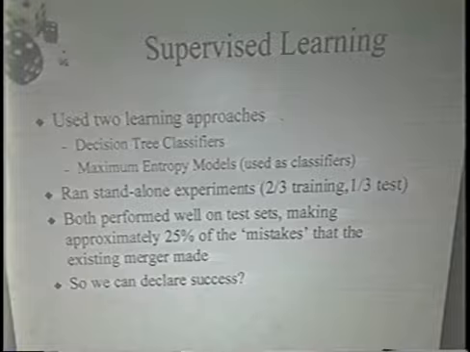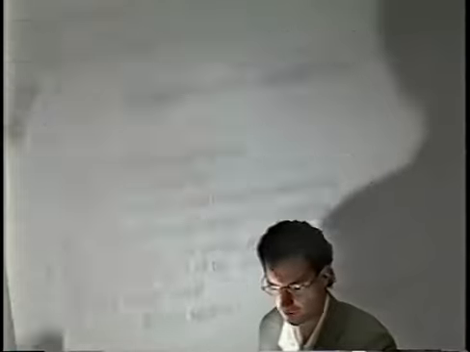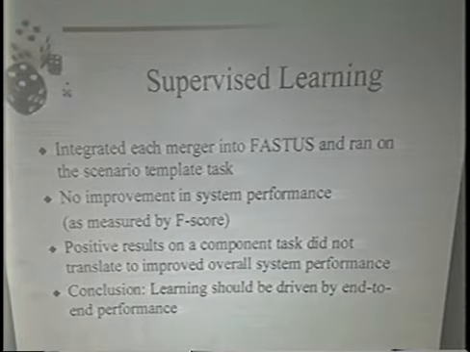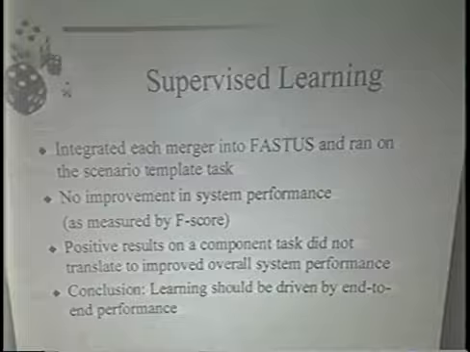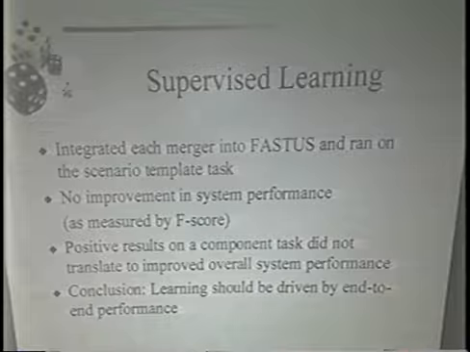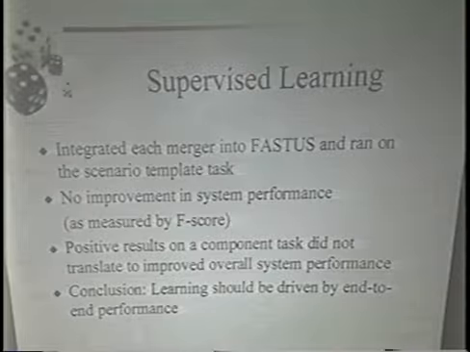I was actually a little surprised. We found some structure in this data. So I went ahead and trained on all the training data, and then changed the merging algorithm in FASTUS to be directed by these new learned classifiers. And sure enough, when you run the system end to end, you get no improvement in performance, or even a little decrement in performance. And this was even on the 100 development texts that gave rise to the merges that I annotated to begin with, right? This is very strange.